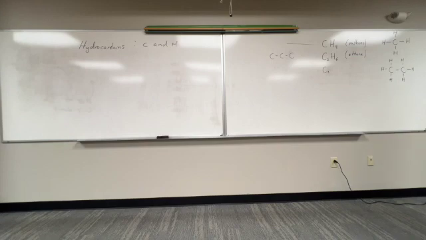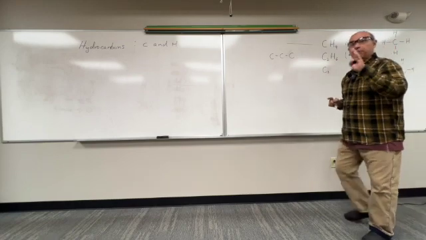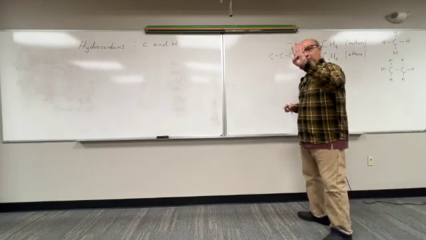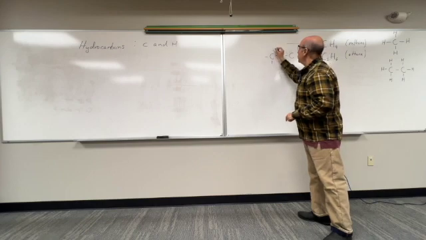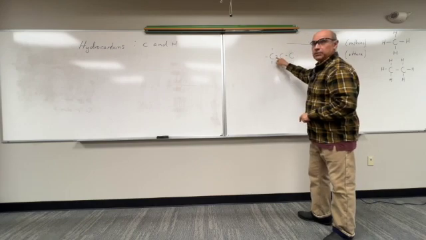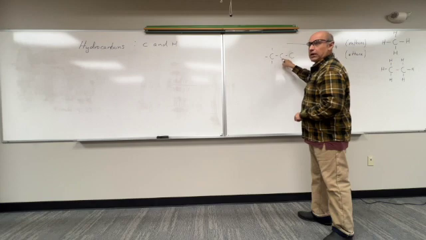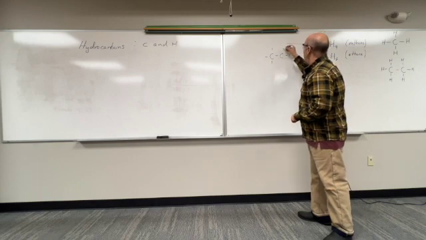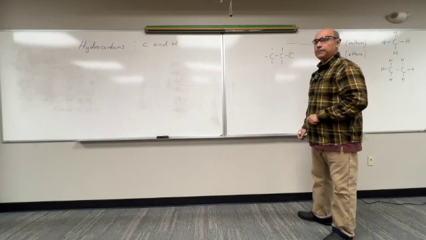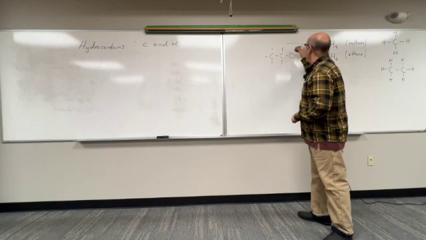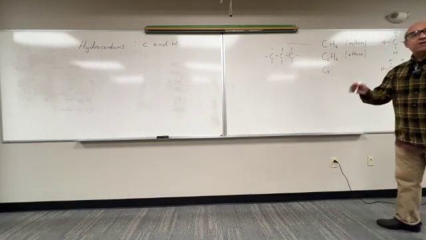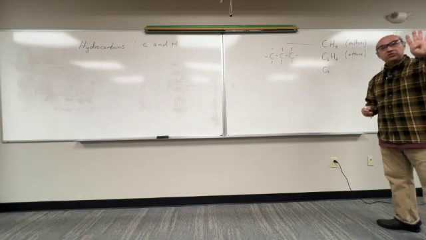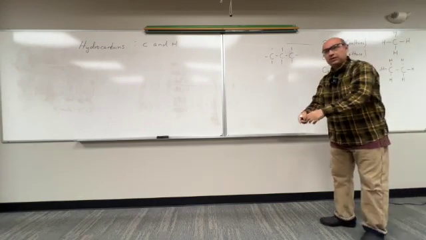Now remember what I said earlier for these 2. Each carbon needs to have 4 dashes because it has 4 electrons, right? So 1, 2, 3, 4. Then for this second carbon is 1, 2, 3, 4. For this carbon, 1, 2, 3, 4. Every carbon has to have 4 dashes because it comes with 4 electrons.